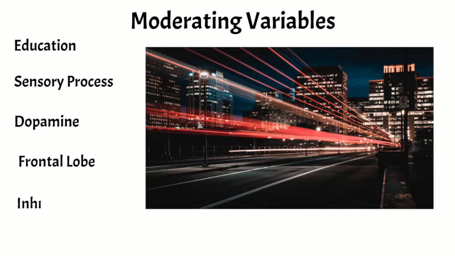So what are some other things that affect the aging process? The sensory processes are one of them. Some research has shown that degradation of the eyes and sensory processes is one of the most correlated pieces of information related to cognition. We'll get into that later. So that's one theory. Another theory has to do with a neurotransmitter called dopamine. You might be familiar with dopamine.